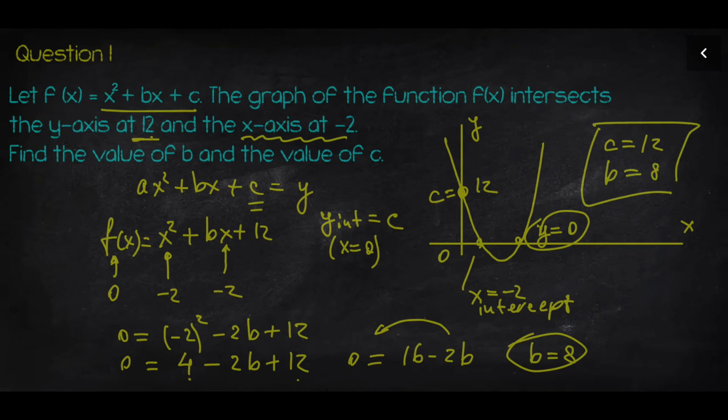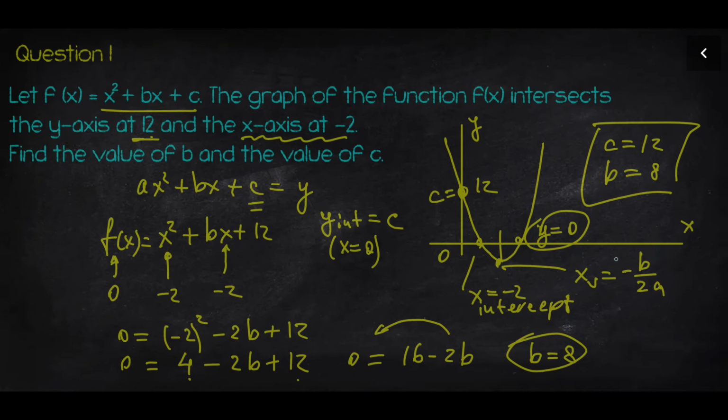And on top of that, what's a possible extension here? You can try to find the other x-intercept. You remember that here is the vertex, right? It can be defined according to the formula minus b over 2a.